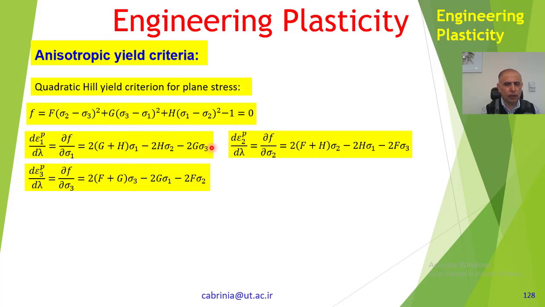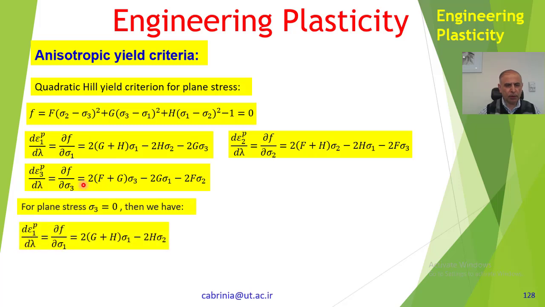We are going to use these for the plane stress case. That's the yield function, and these are the derivatives of plastic strain relative to lambda, which is equal to the partial differentiation of the yield function relative to sigma 1, sigma 2, and sigma 3, which we obtained before. Now, for plane stress, obviously, sigma 3 is 0.